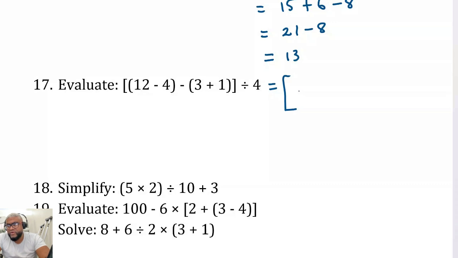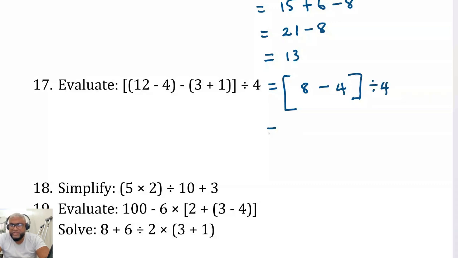Eight. Right, so you have 8 minus 3 plus 1, that's 4. Put back my square bracket here, and then I have divided by 4.